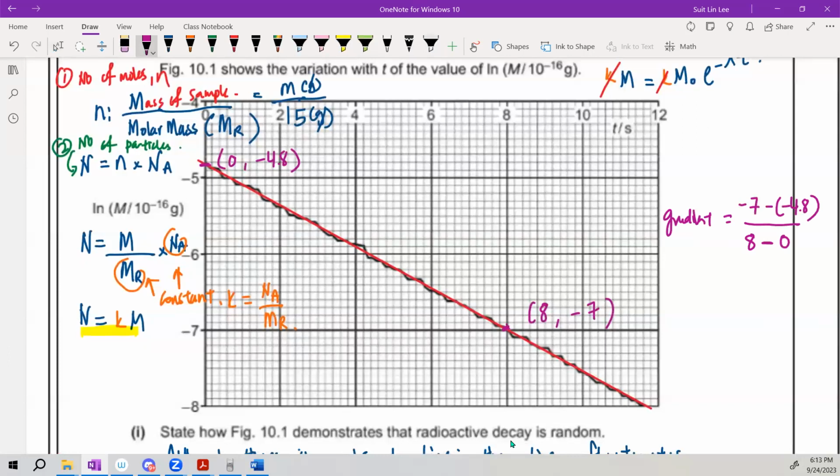Am I bringing it correct? So this would be negative 0.275.